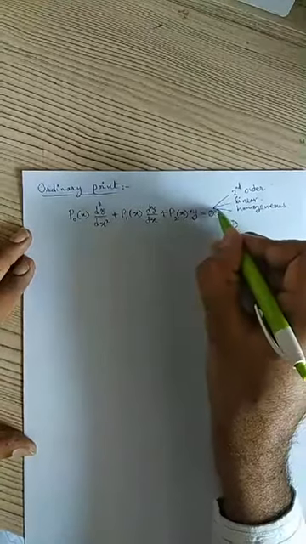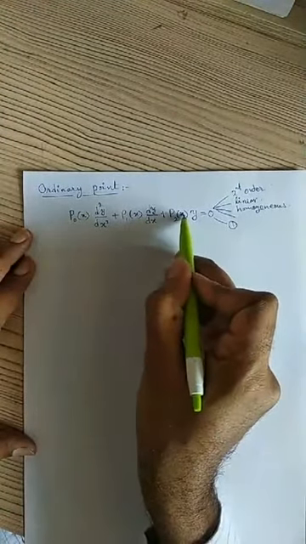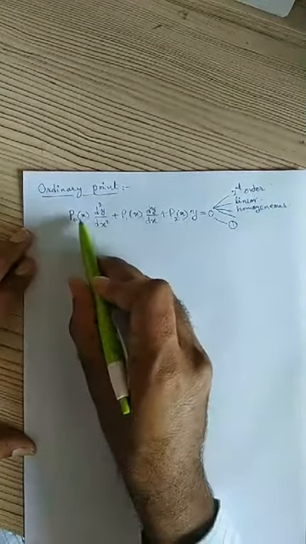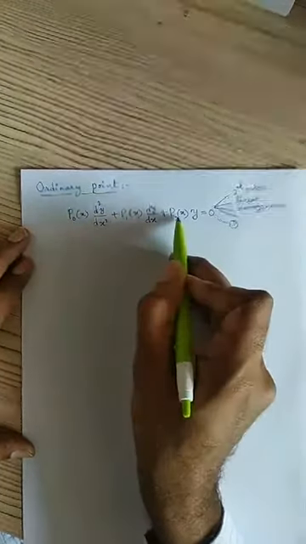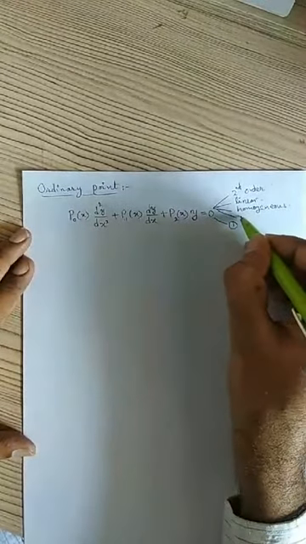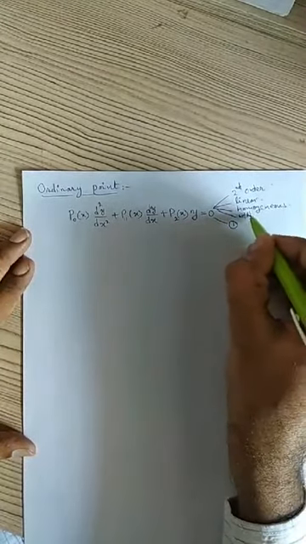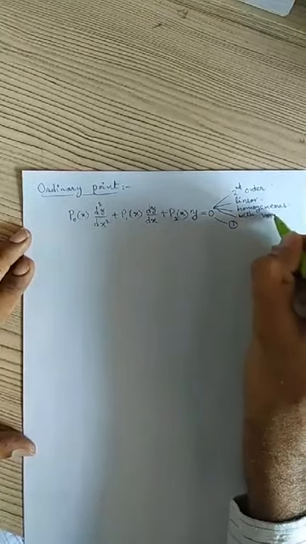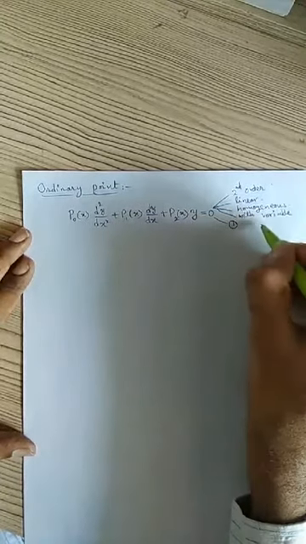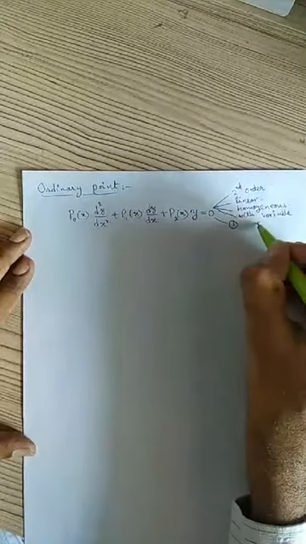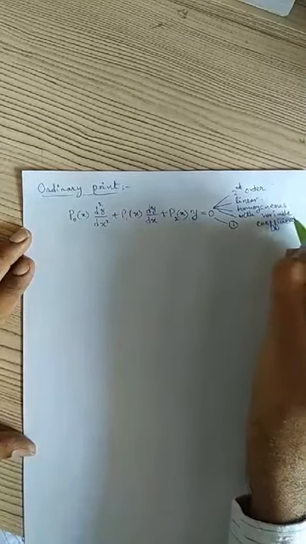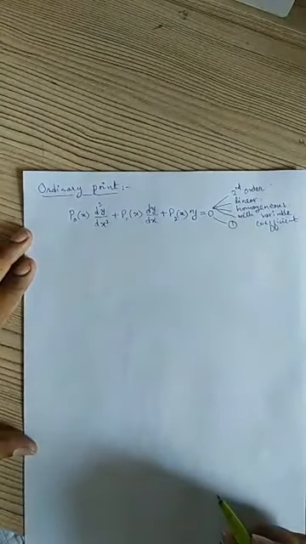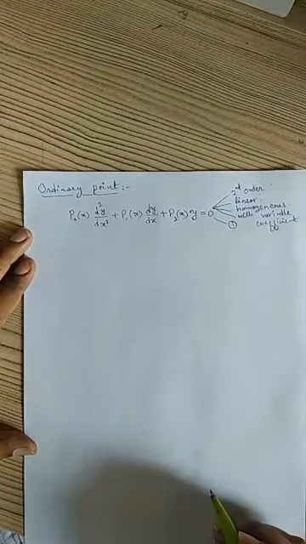And the coefficients P2 of x, P1 of x, P naught of x are not constants, they are variables. So it's a second order linear homogeneous differential equation with variable coefficients, right?